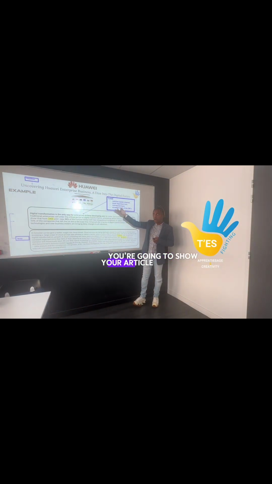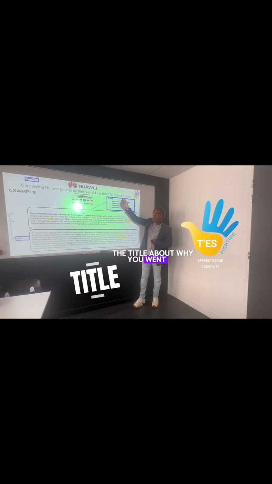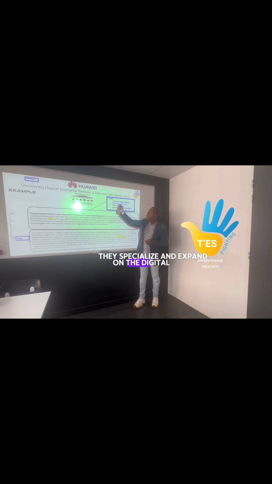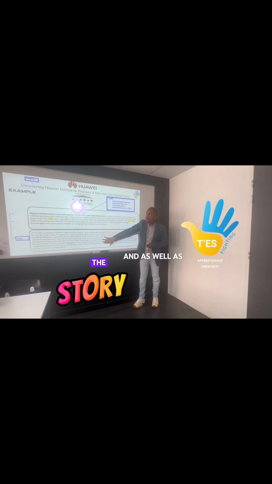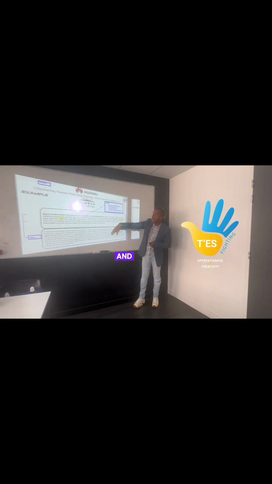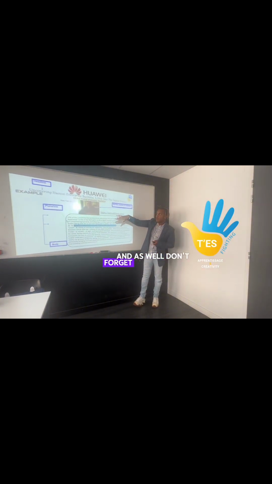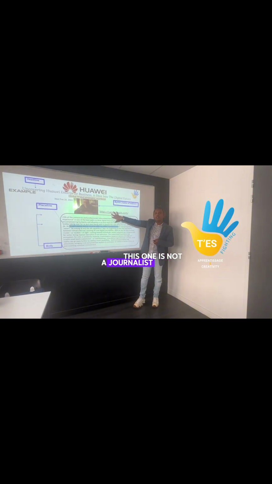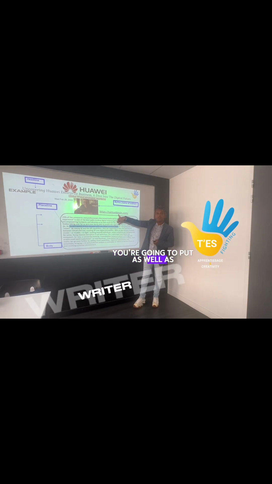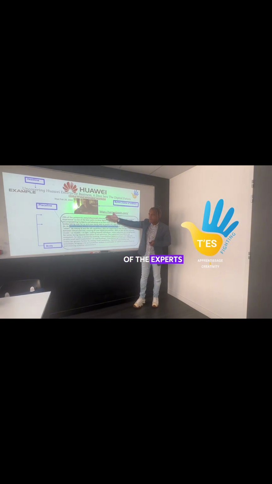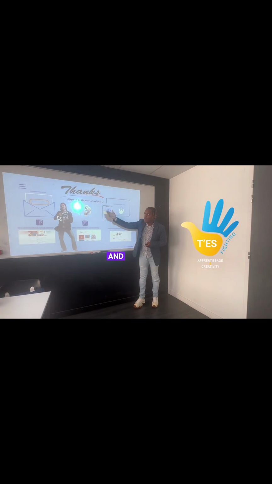You're going to show your article, for example, with the title about YU Enterprise, very specialized and expert in digital. You're going to explain what the story is about, with the outline, the introduction, and the different parts, obviously. And don't forget the writer: if this one is not a journalist, you're going to put the link of the experts, and you're going to have the different parts as well.